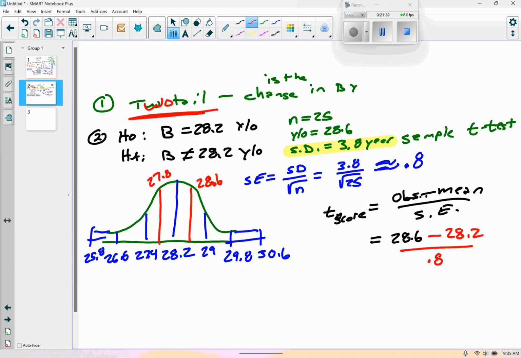Go. All right. Clear. 28.6 minus 28.2, okay, that's 0.4 divided by 0.8. Oh, we got 0.5. Okay. So our t-score comes out to a nice 0.5. All right.